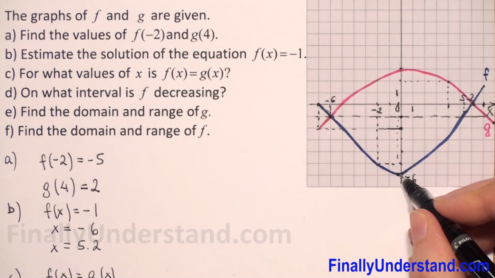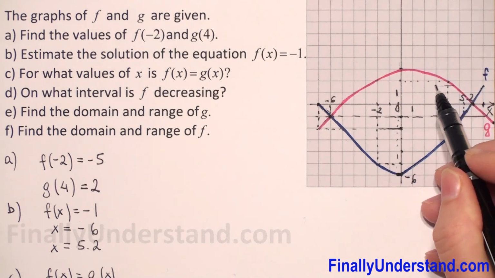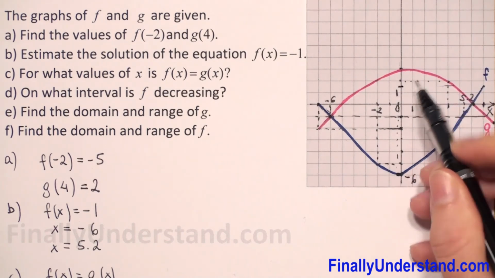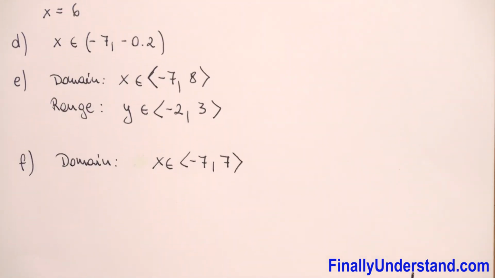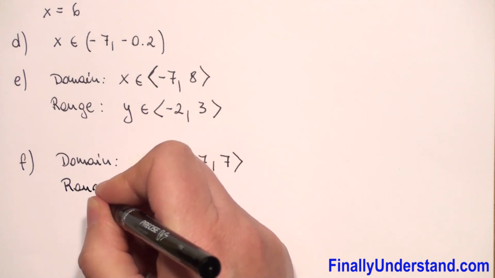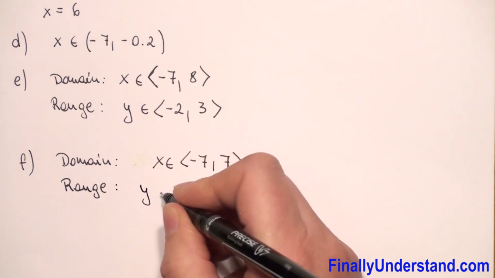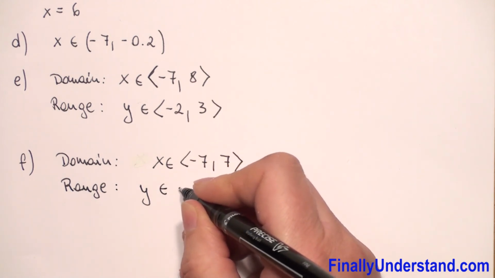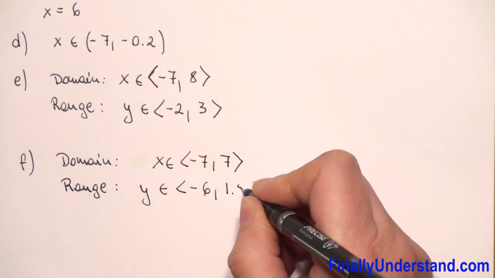The graph starts from negative 6 and is going to that point. Let's read this. It is 1.5. So we can write the range for the f function. y belongs to the interval from negative 6 to 1.5.